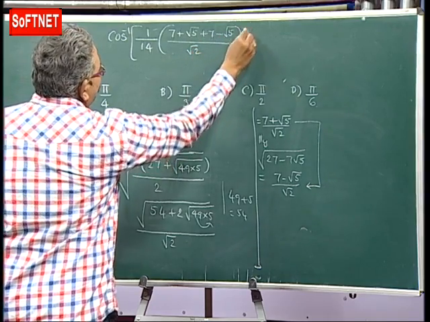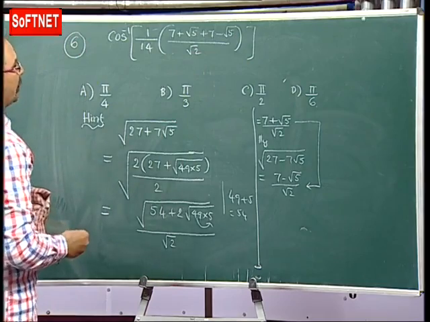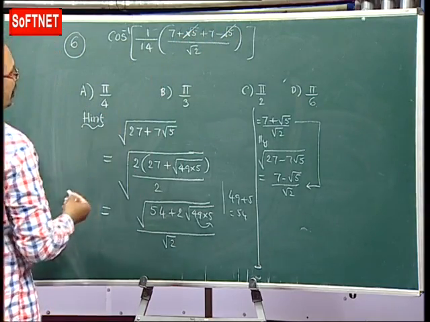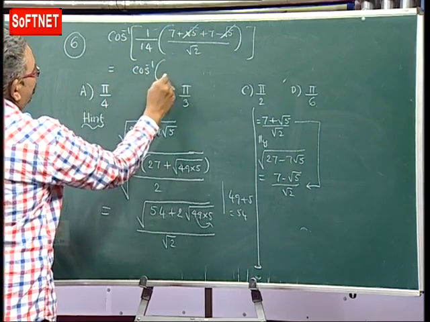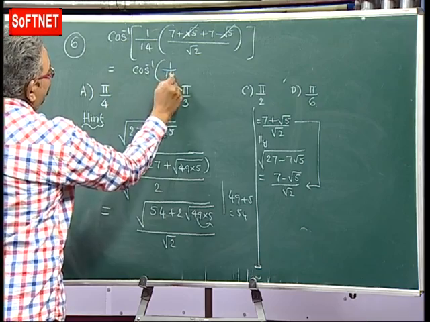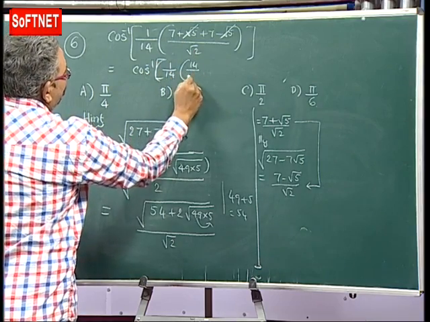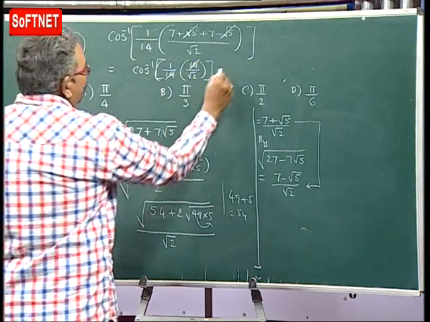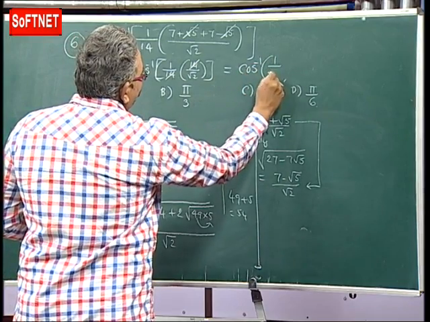You get like this only. Now root 5 gets cancelled. We have cos inverse of 1 by 14 into 14 by root 2. 14 cancel. We have cos inverse of 1 by root 2.